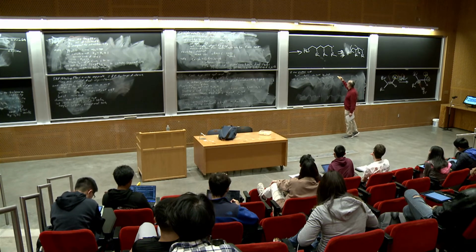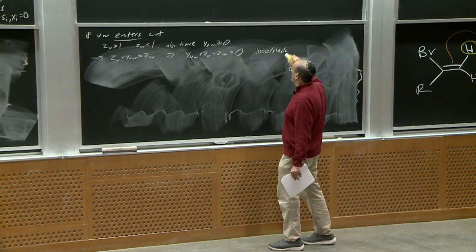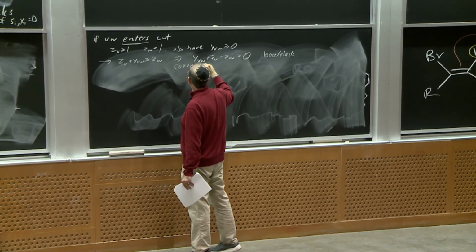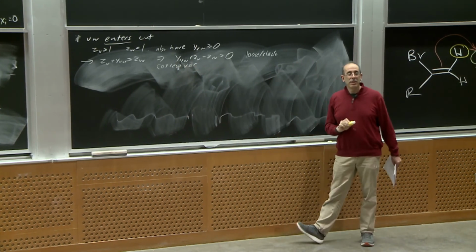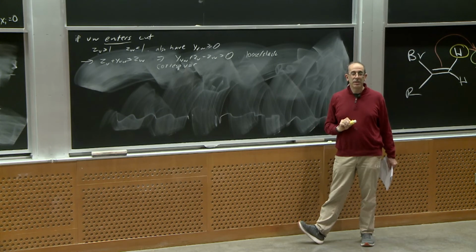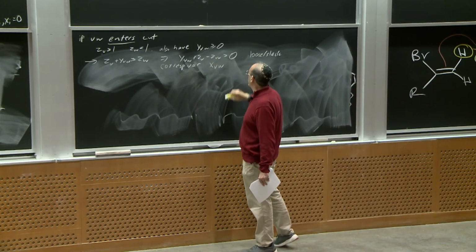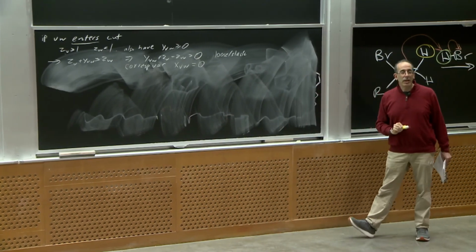This is loose or slack. And that tells us that the corresponding variable, and what is that corresponding variable? The flow. So to this constraint we correspond the variable xVW, and it has to be 0 at optimality.